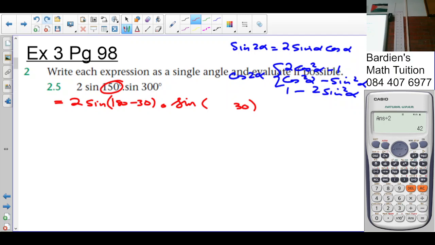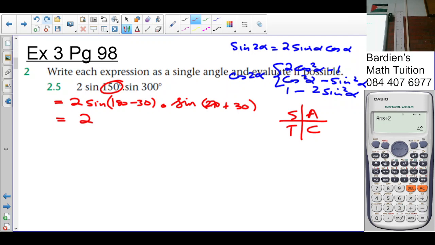Give me a chance. Okay, she's correct, 270 plus 30. So 180 minus 30, which quadrant is that in? All Stations To Central. Which quadrant is that in? 2. Is sine positive or negative? Positive.